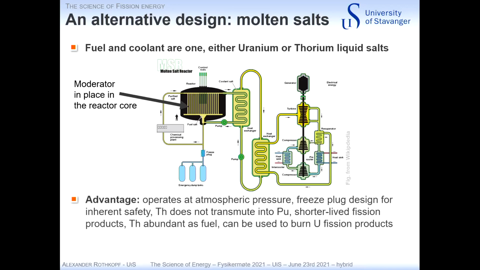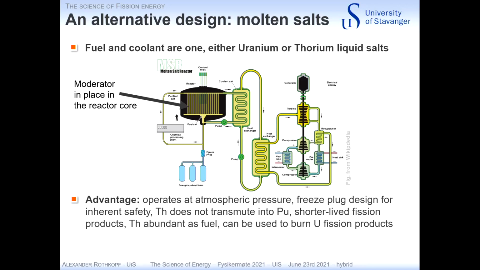What are the advantages of such kind of a reactor design? Well, because you're now not using water under high pressures for transporting off your heat, this setup actually operates under atmospheric pressure, which means you need much less containment when the reactor is operating under normal conditions. There is the so-called freeze plug design, because your fuel is now liquid, that is based on the second law of thermodynamics and gravity, that are quite reliable partners.